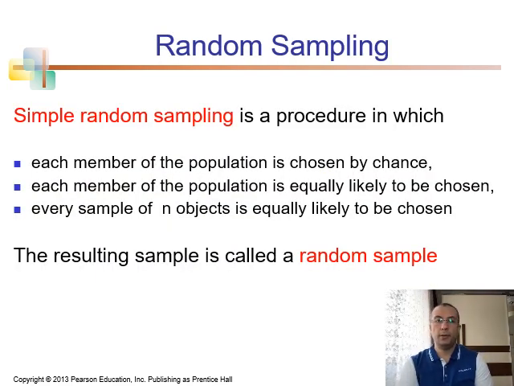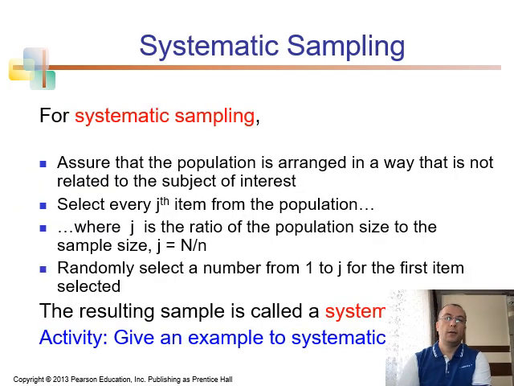So to conduct sampling, we try to make it as random as possible. And the best way to do this is to conduct simple random sampling. In a simple random sampling, the chances are equal that you can choose any member of the population. And it has to be perfectly random. Now, one way to achieve that random sampling is to conduct systematic sampling.